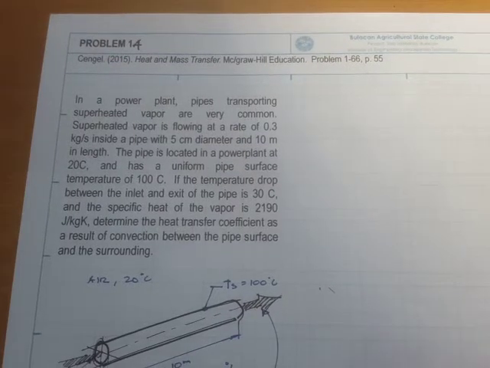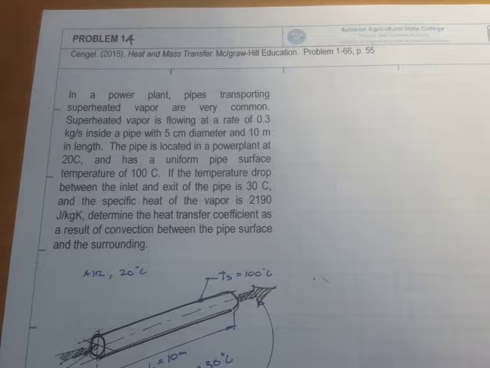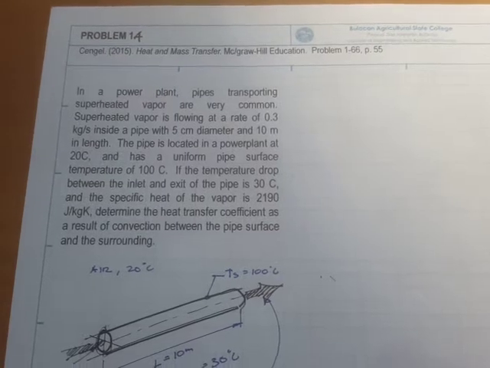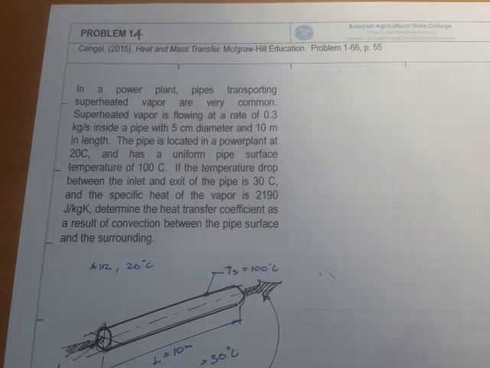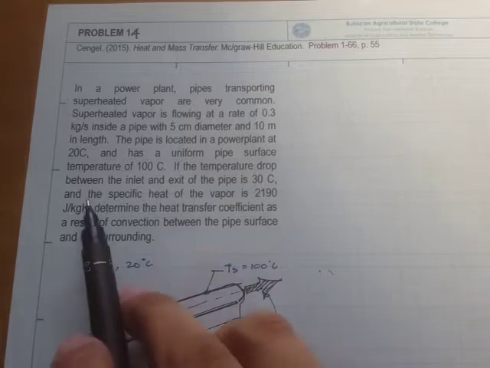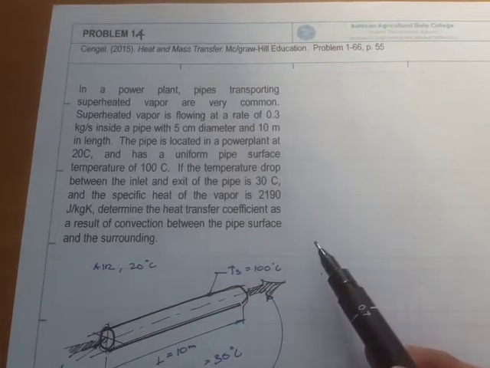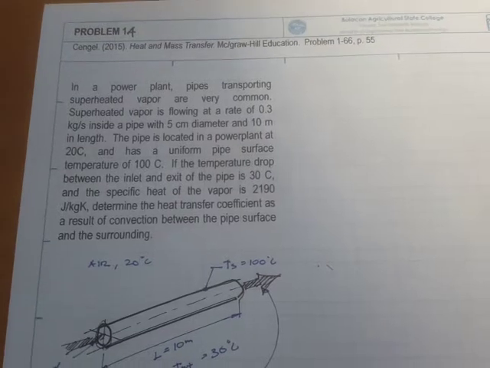The pipe is located in a power plant at 20 degrees C and has a uniform pipe surface temperature of 100 degrees C. If the temperature drop between the inlet and exit of the pipe is 30 degrees C and the specific heat of the vapor is 2190 joules per kilogram Kelvin, determine the heat transfer coefficient as a result of convection between the pipe surface and the surroundings.